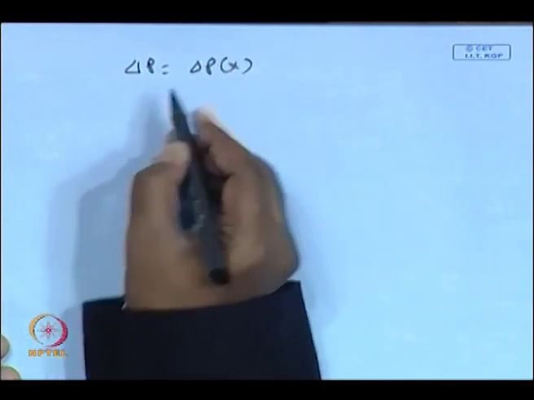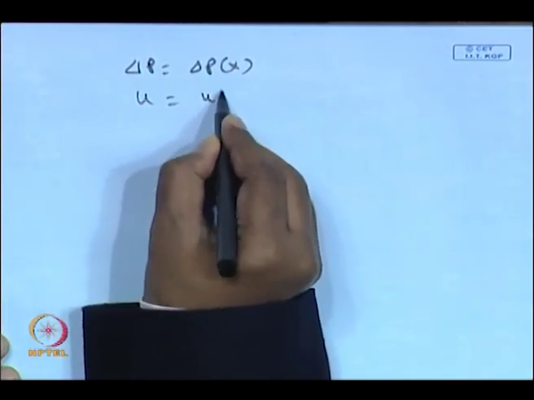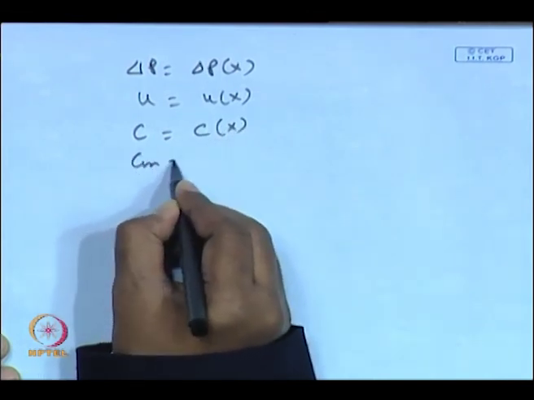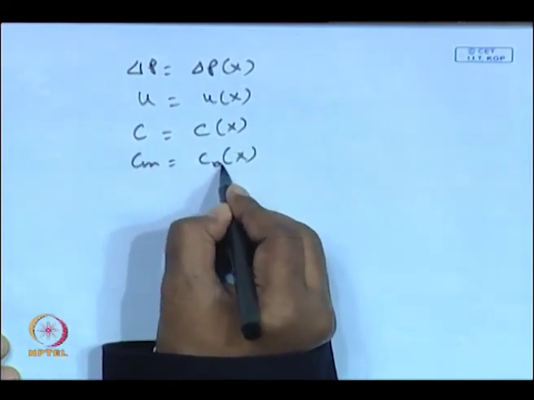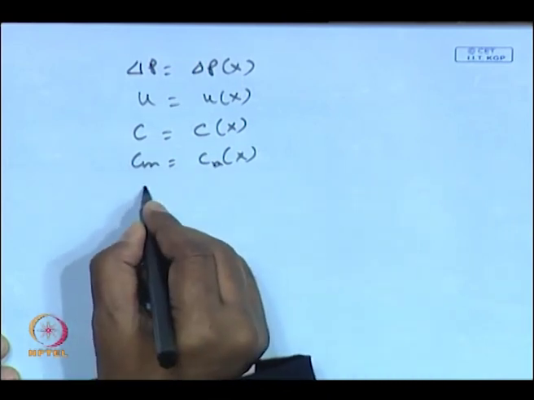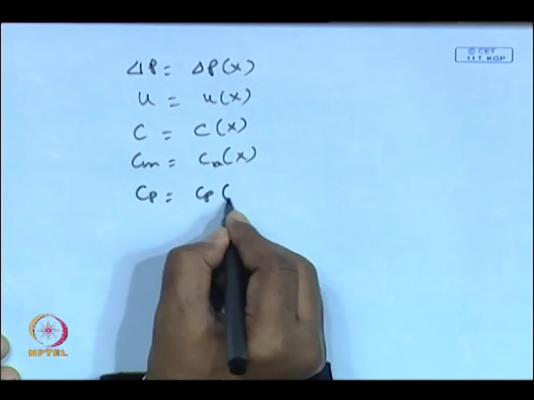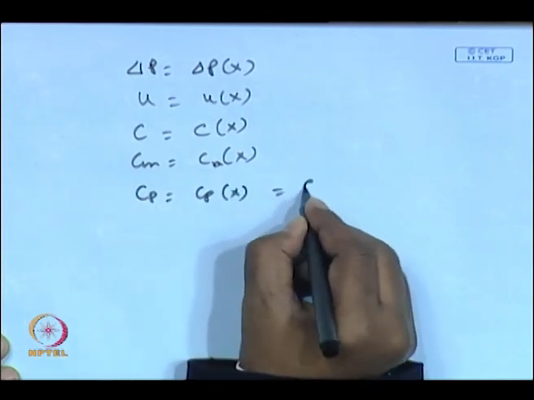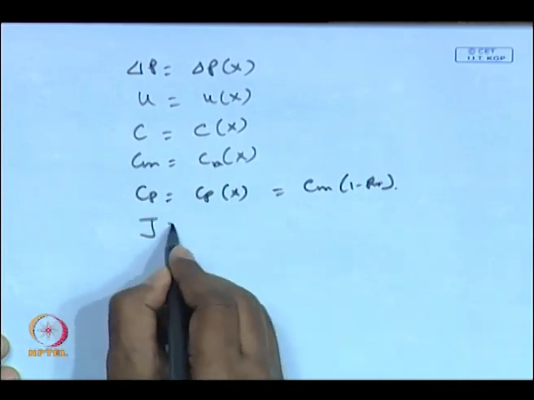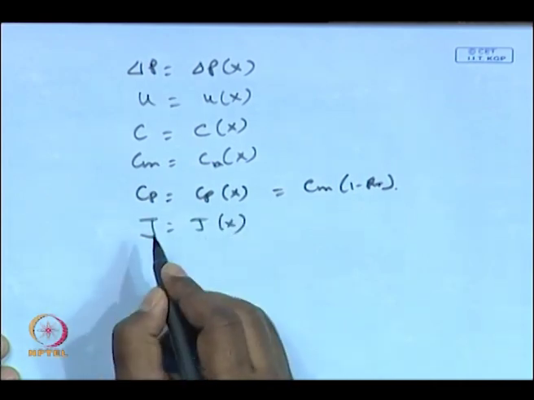So what is the output? Output will be delta P as a function of x, U as a function of x, C as a function of x, Cm as a function of x, because C and Cm are related by the algebraic equation, mass transfer coefficient as a function of x, Cp as a function of x, because Cp is nothing but Cm into 1 minus real retention, and of course J as a function of x.